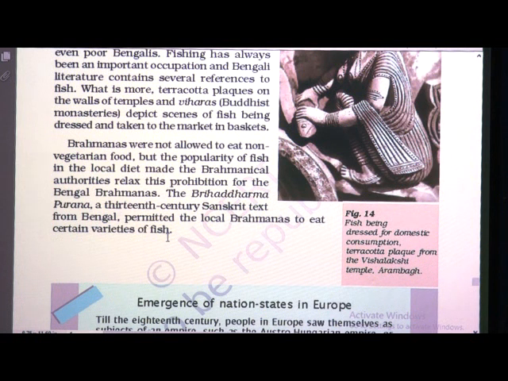Fish is considered non-vegetarian food, but the popularity of fish in the local diet made the Brahmanical authorities relax the prohibition for the Bengal Brahmanas. And in the Brihad Dharma Purana, in the 13th century, it is written that the Brahmanas were permitted to eat certain varieties of fish.